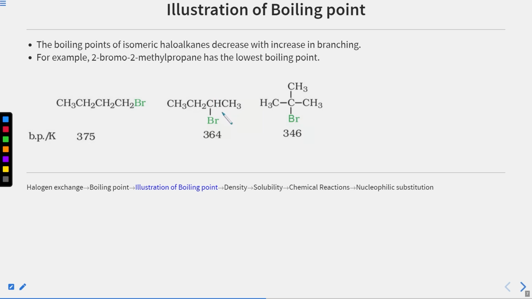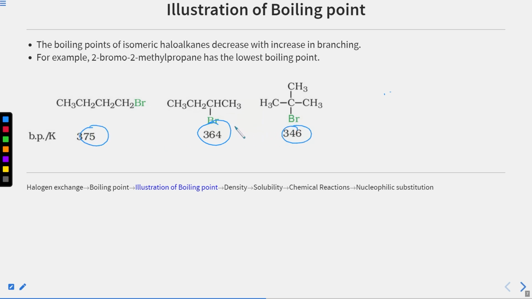It is, say, this is our 1, 2, 3, so you can say 2-bromobutane. Then here we have the tertiary butyl bromide. Now all of these have almost the same molar mass. There is not that much difference in all of these.